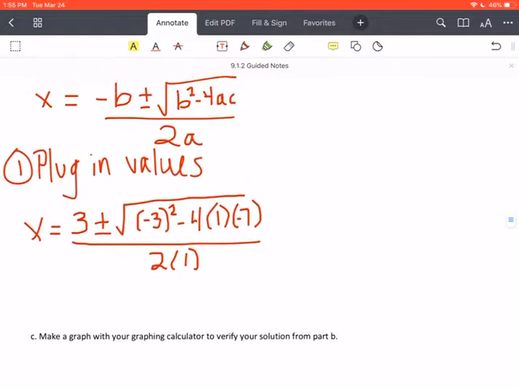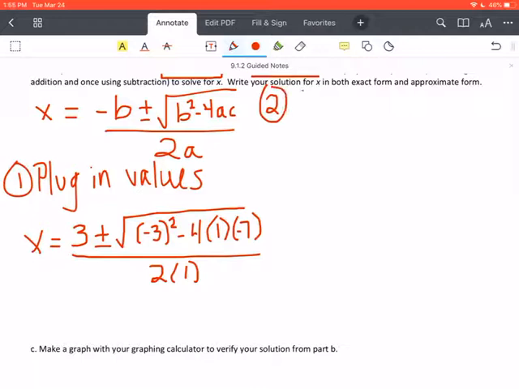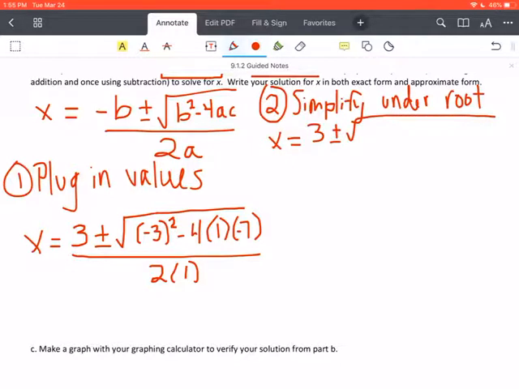From here then, the second step is to simplify under the square root. So step 2 is to simplify under the root. So we are going to go ahead and rewrite x equals 3 plus or minus the square root of. Now what I'm going to do is negative 3 squared. This leading term will never end up being negative because when you square a number, it's always positive.